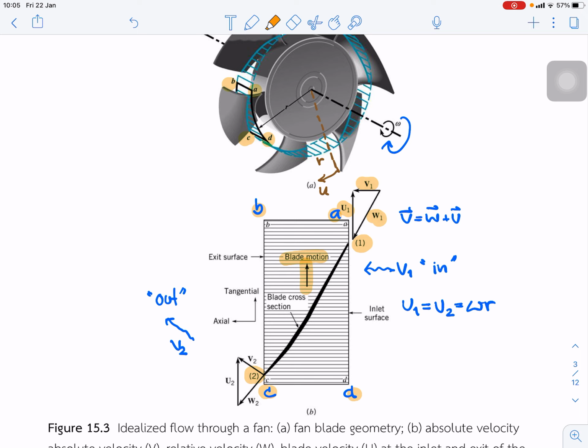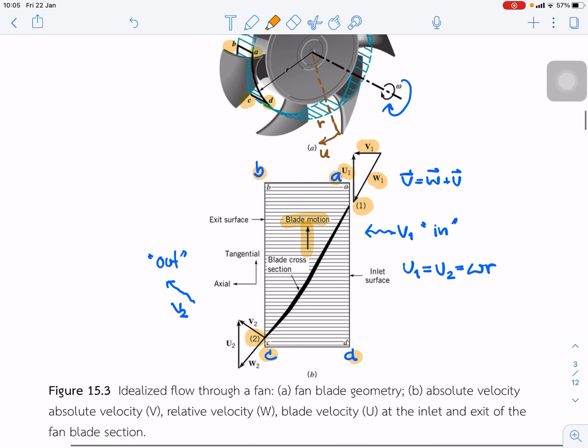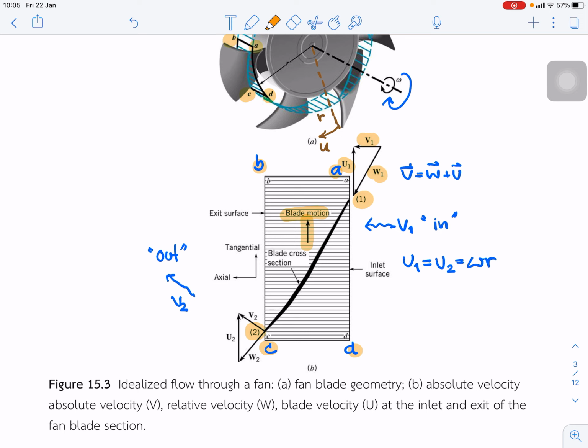And for the outflow at this point, U2 is still in the same direction, upward, and W2 is along the blade angle. So we can write the direction of V2. In this case, V2 is in this direction, flow out. So it means the direction of V1 and V2 is not the same.